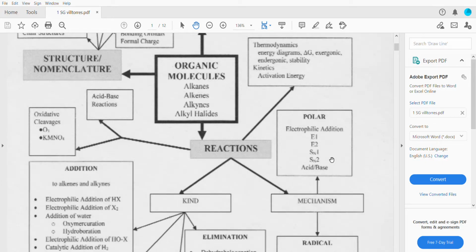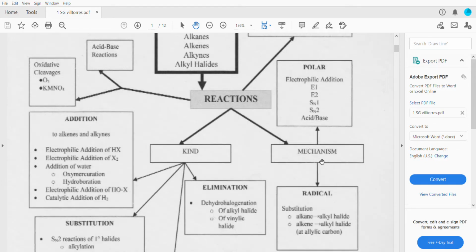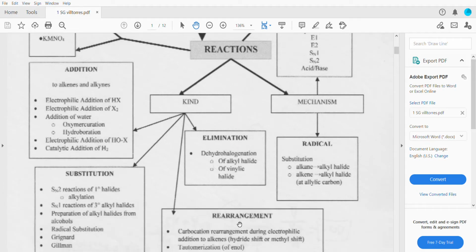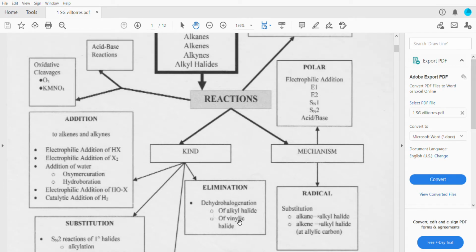Then reactions. There are three or four common reactions such as addition reaction, substitution reaction, elimination, and rearrangement reaction. There are acid-base reactions and oxidative cleavage. In oxidative cleavage, you need O3 and KMnO4.